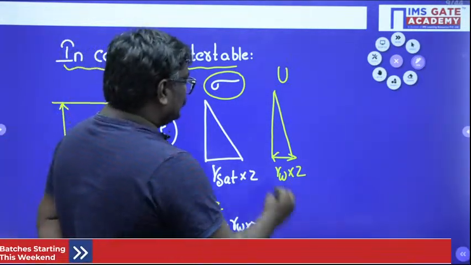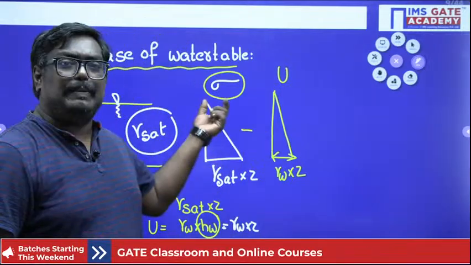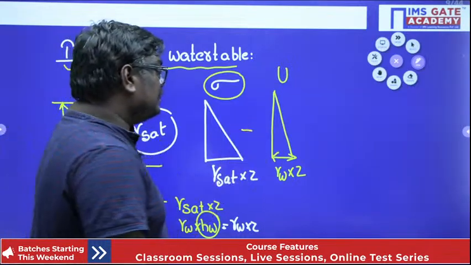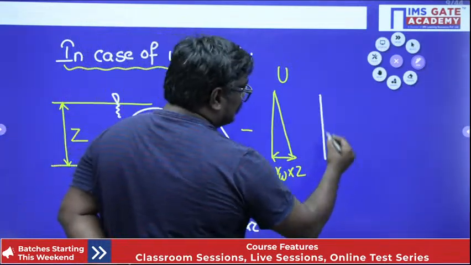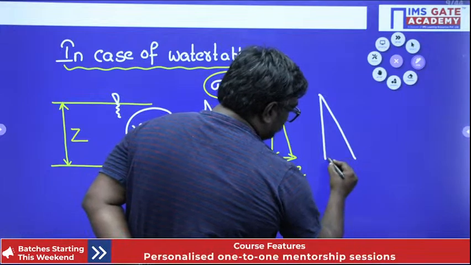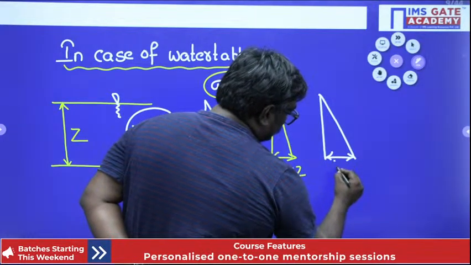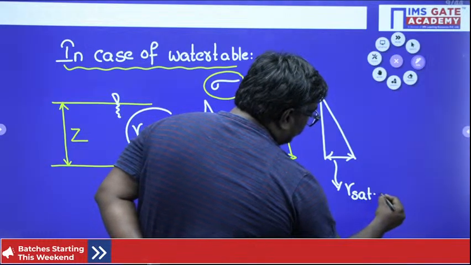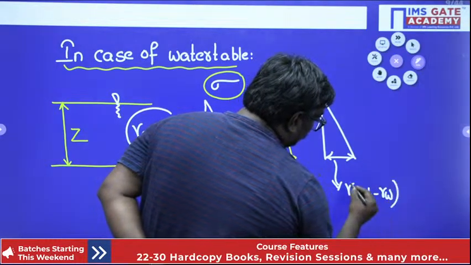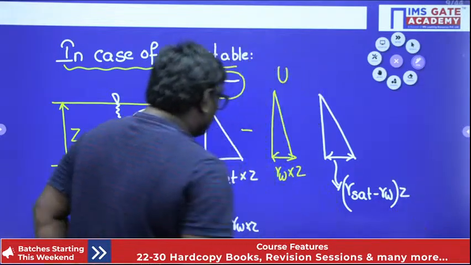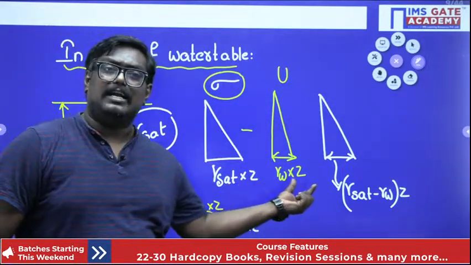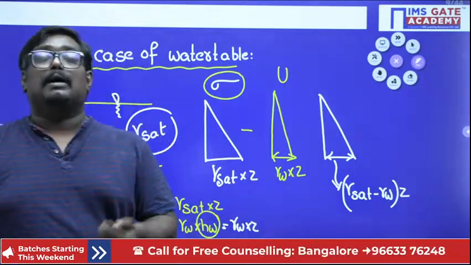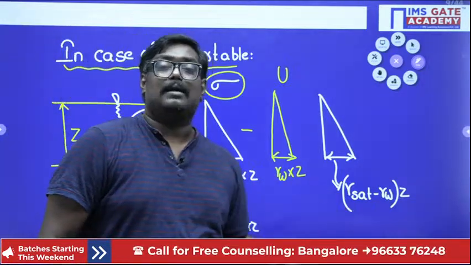And now, my dear students, if you find the difference between the total stress and the pore water pressure, this can be written as gamma sat minus gamma W into Z. Because, please see here, if I take Z common from these two equations, we get gamma sat minus gamma W. But what do you mean by gamma sat minus gamma W?